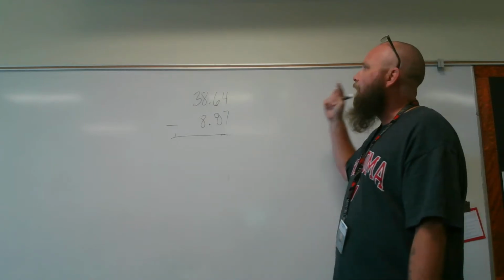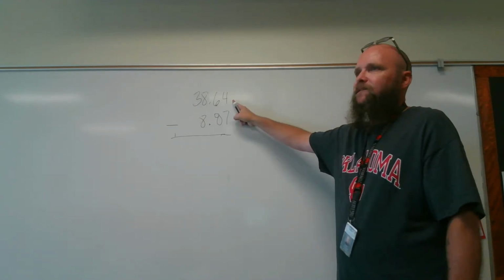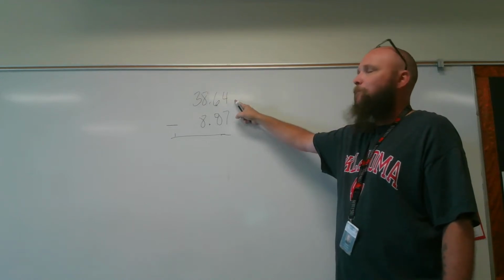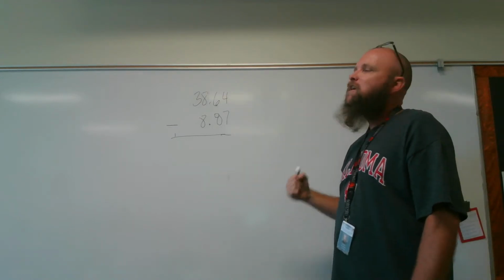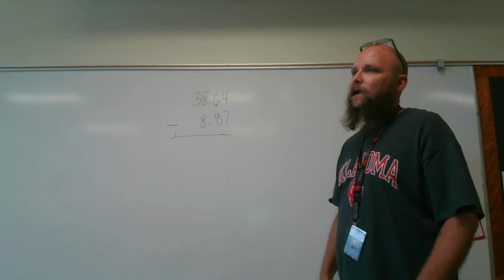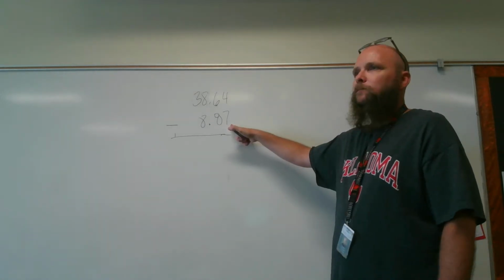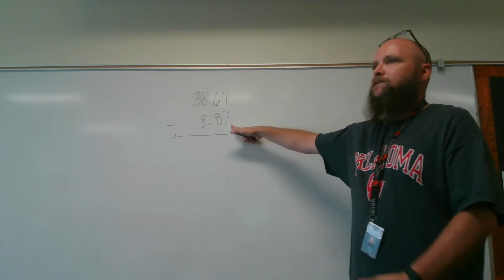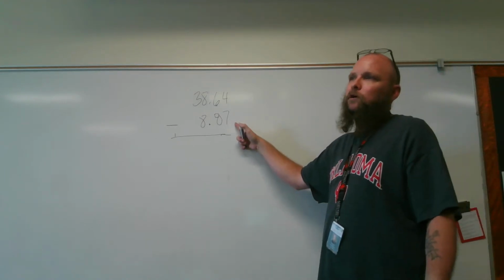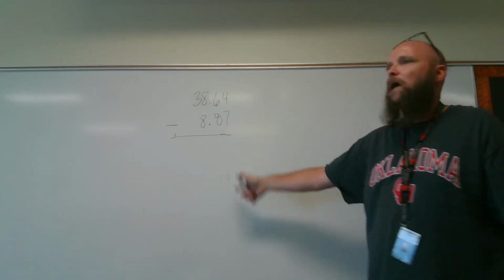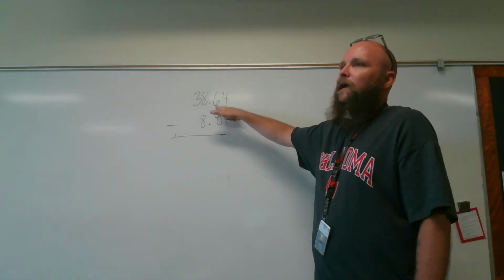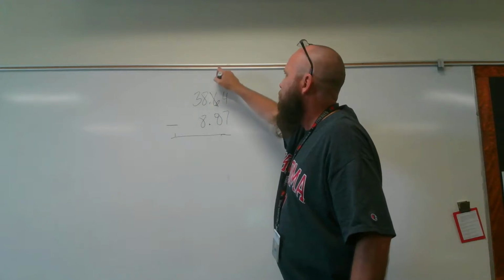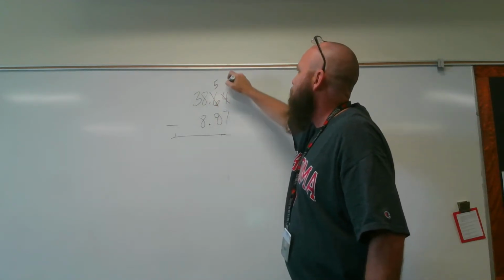Sophia, if I have 4 pennies in my pocket, because this is the hundredths place, could you come over here, punch me in the face, and take out 7 of them? No. Could you take out 7 pennies out of my pocket if I only have 4? No. But I have some dimes. So I'm going to change one of my dimes into 10 pennies.